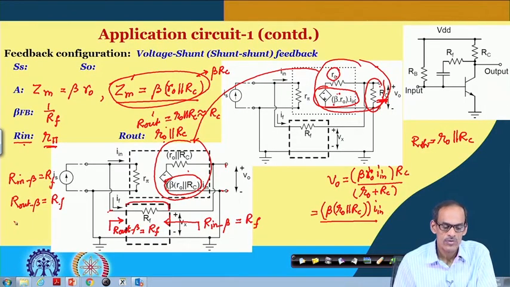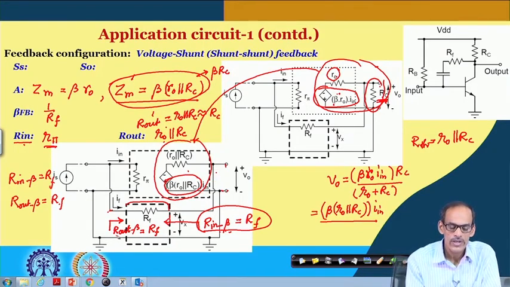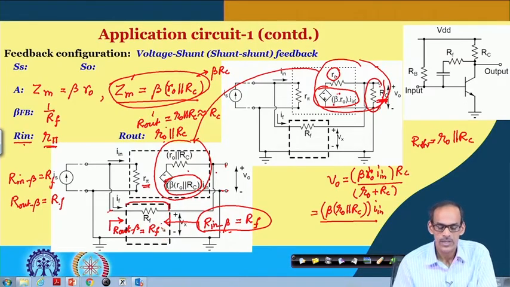But then we have to consider that once you have this R in beta connected here, we should consider its loading effect on the circuit, it is negligible. Likewise, the loading effect of this input resistance on the feedback network should also be considered negligible.